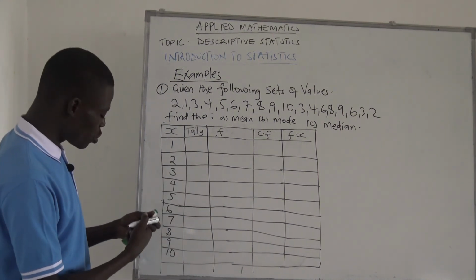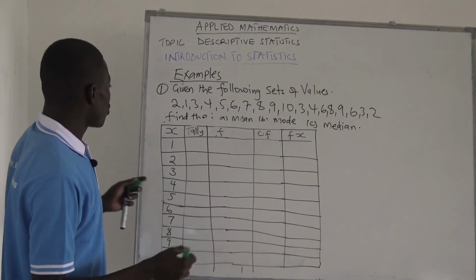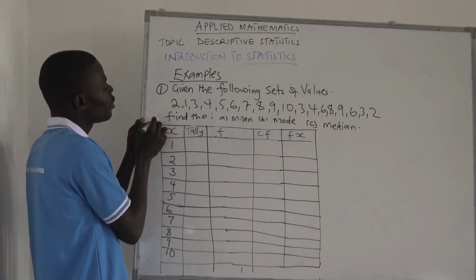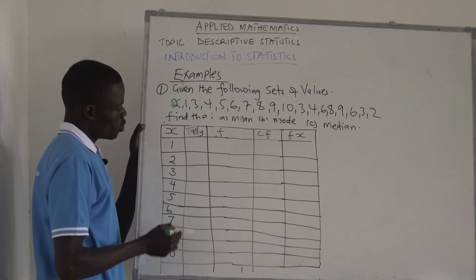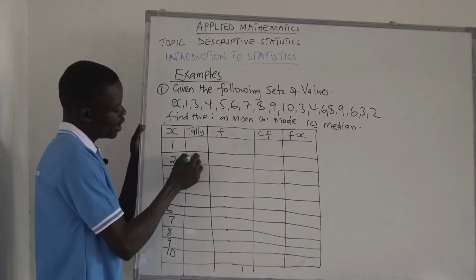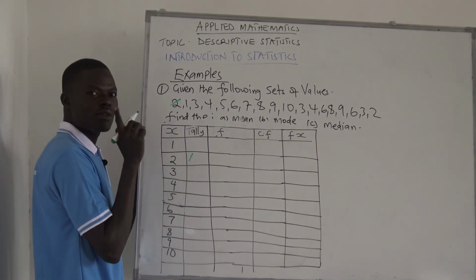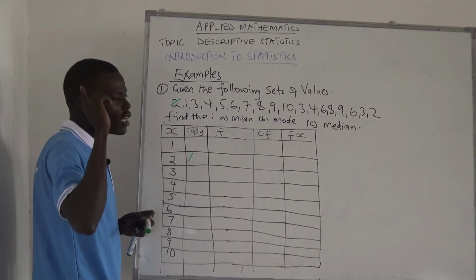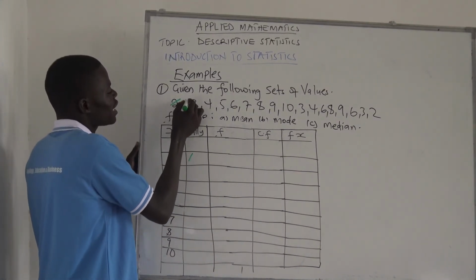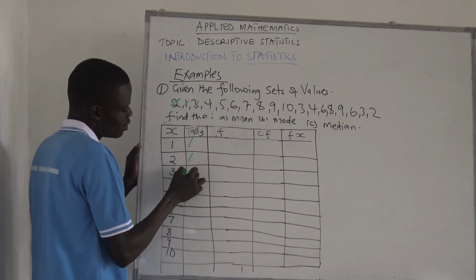How are we going to do it? You cancel one at a time. The first value is 2. We cross it as 2, and then it comes here, where we represent it with 1 bar. That means it is appearing 1 time. Then the second one is 1, which will be here.